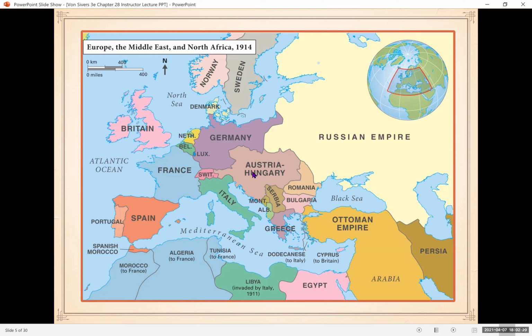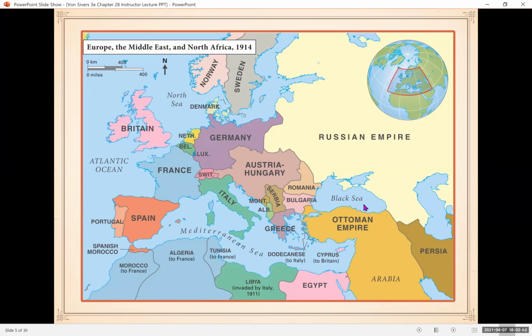The Austro-Hungarian Empire has this area we know as the Tyrol. Now it is part of Italy and a part of Switzerland. The Ottoman Empire is still around. And so we are basically seeing some very large empires and countries that were run as empires.